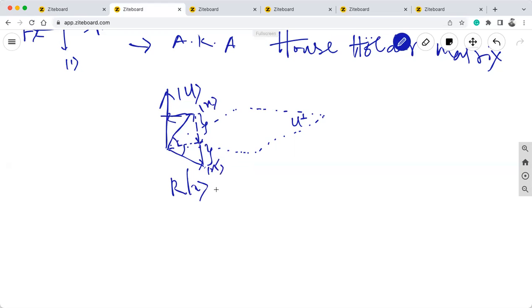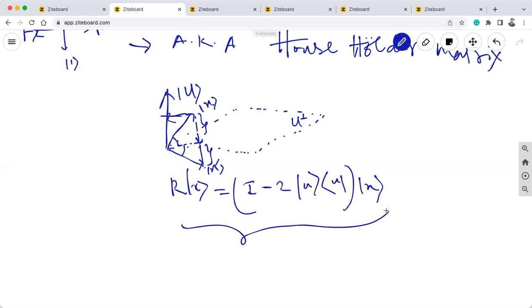It is actually I minus twice the outer product of u with u, into ket x. So effectively you get the reflected result. And here we have taken the norm of u equal to one, a unit norm vector.